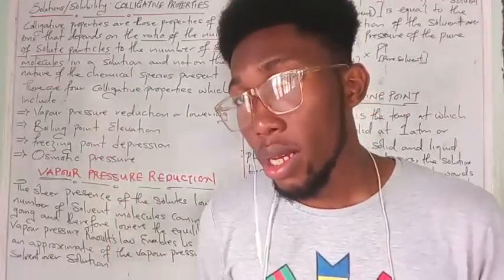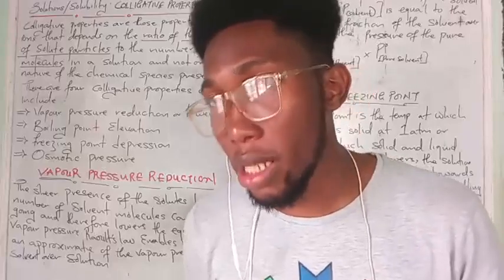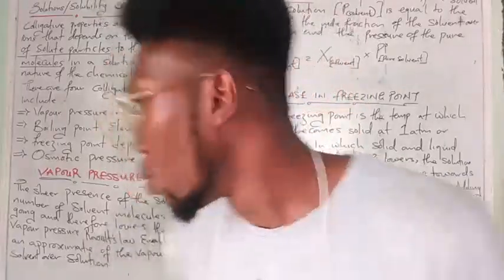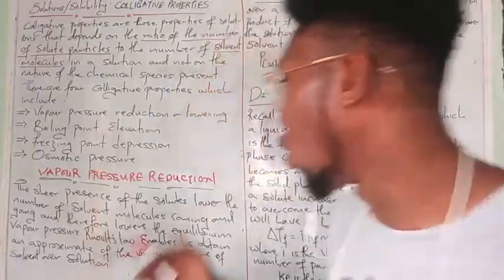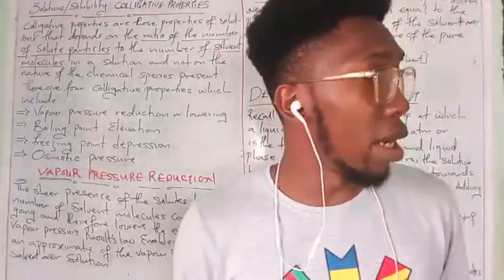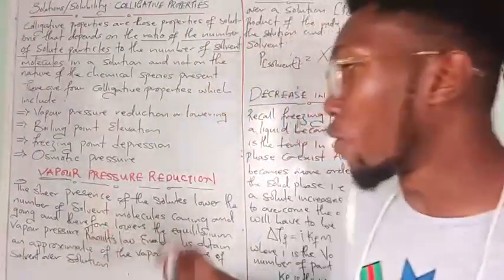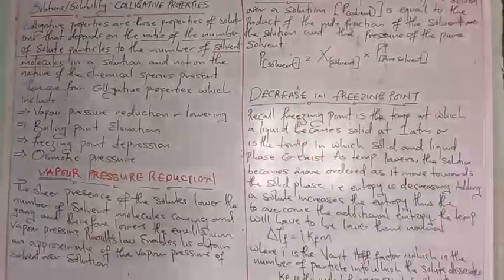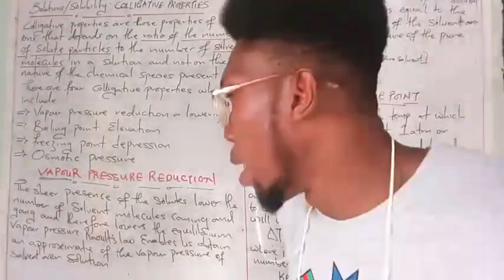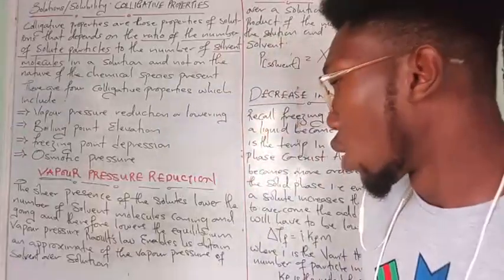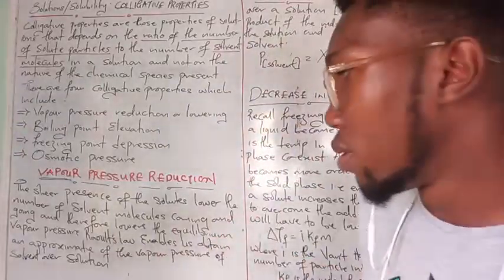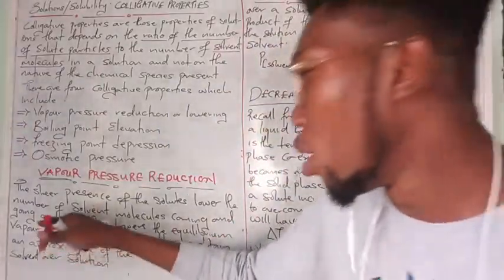On the board it says that the sheer presence of solute lowers the number of solvent molecules coming and going out, therefore lowers the equilibrium vapor pressure.